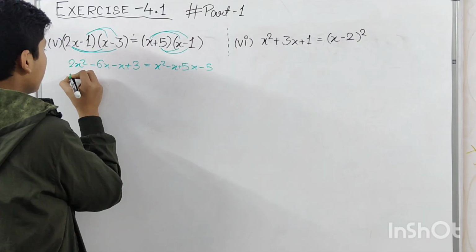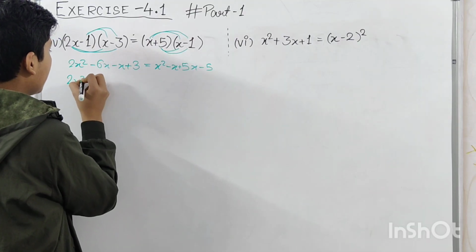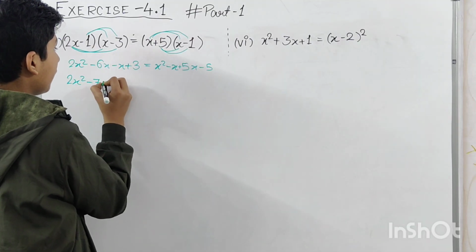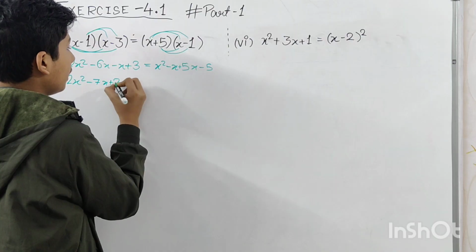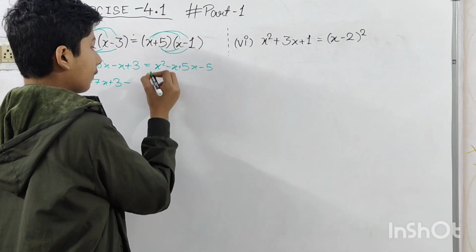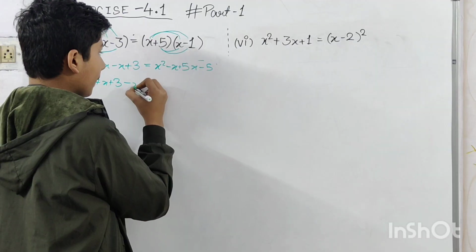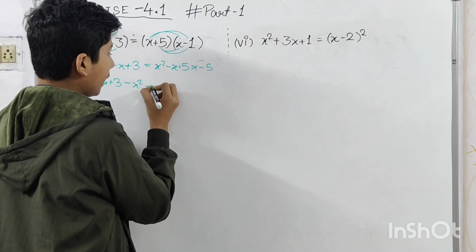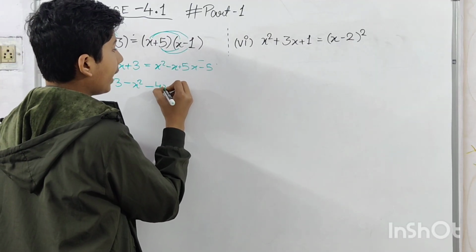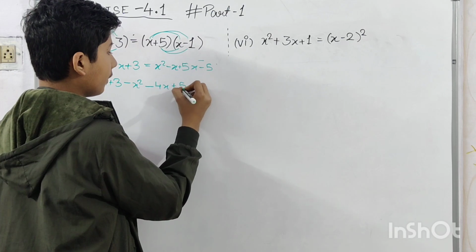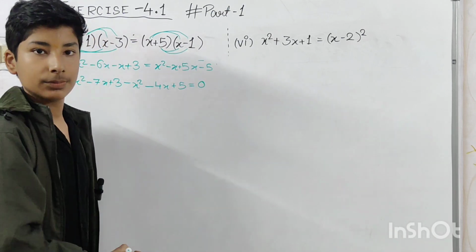Again let's solve. 2x square minus 7x plus 3, all these things will come this side. So minus x square minus 4x plus 5 equals to 0.